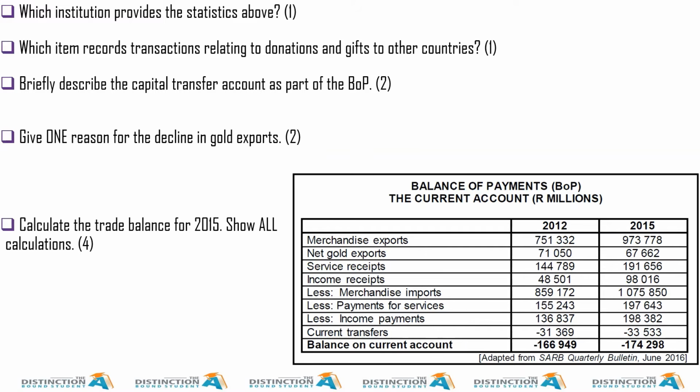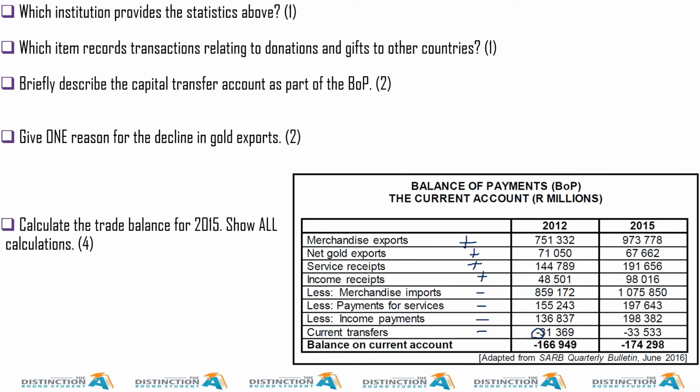So normally we'll take merchandise exports, add net gold export, add service receipts, add income receipts, add merchandise imports, subtract payment for service, subtract income payments, subtract, and then current transfer. This one is mostly a net figure, so we do what it says. In this case, it's a negative, so we'll just subtract. All right, so this is how we'll get to this figure here.